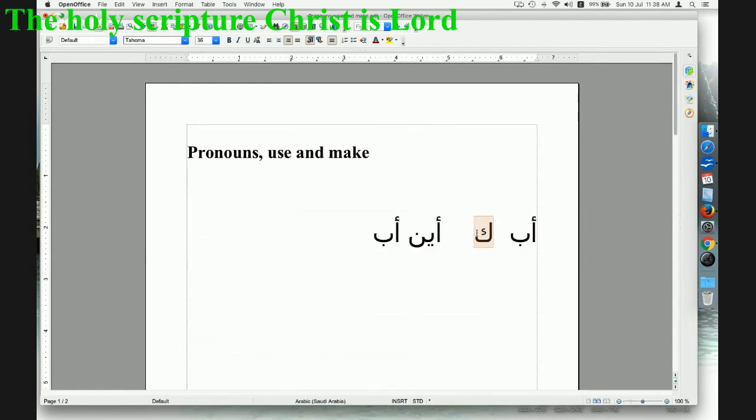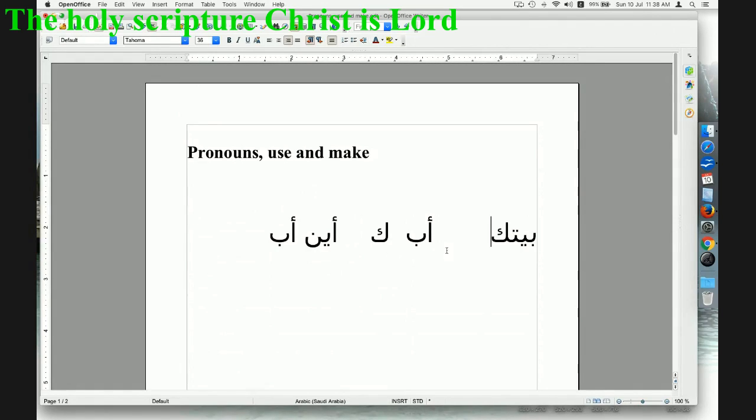So we speak to a person and we say, let us say the word bait. The word bait, in order to make it your house, as long as I'm speaking to an individual, I use the letter ka. Baitak.